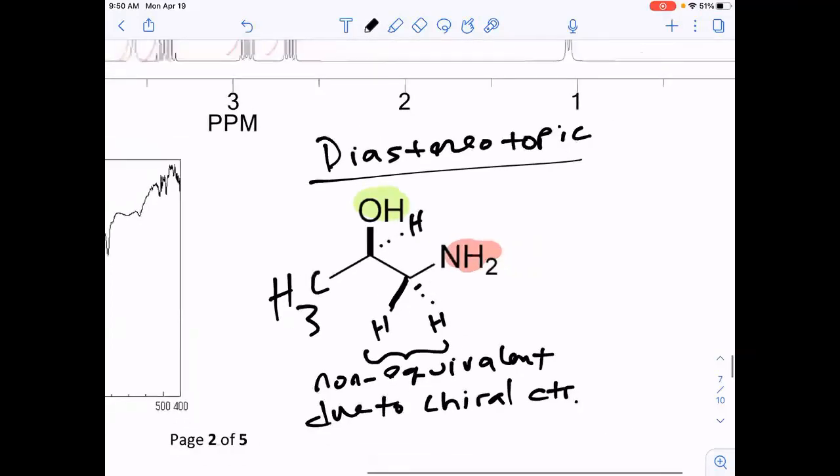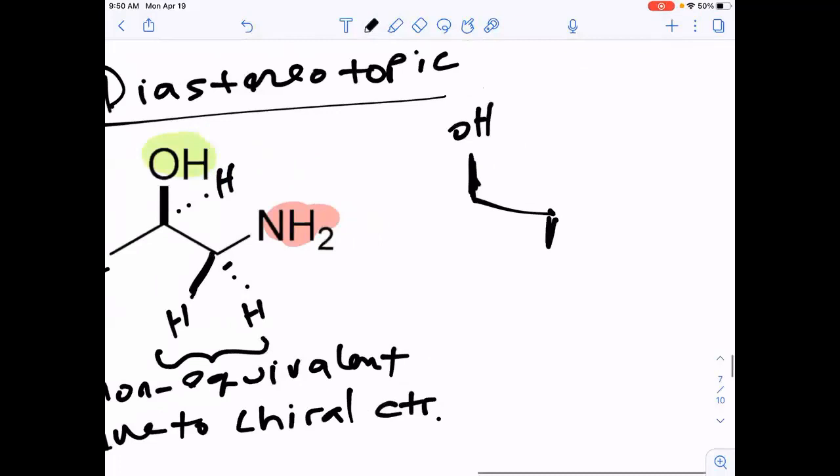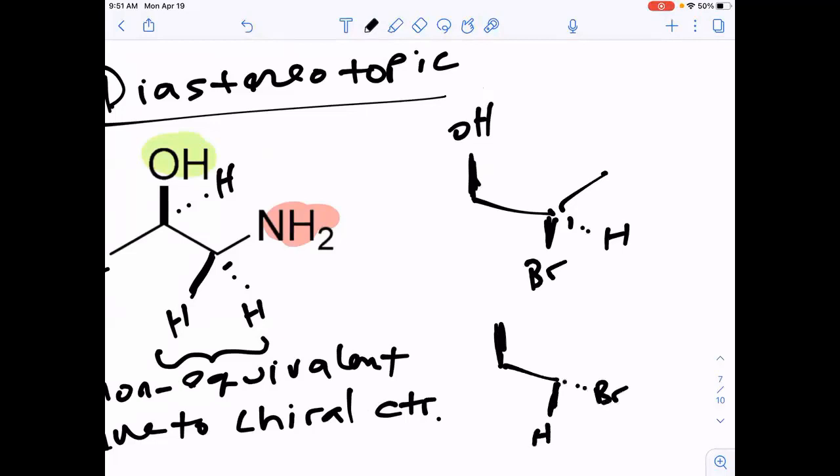Let me just go ahead and show you that. So if I did this, let's say I put a bromine there, like that. And I did this, like that. Those two compounds, when I compare them, they're diastereomers. They're not enantiomers.